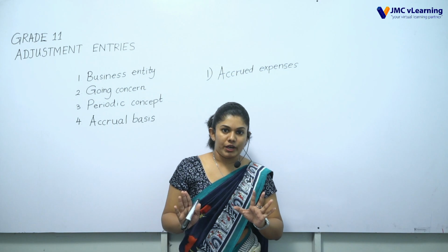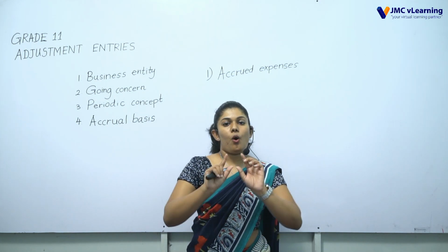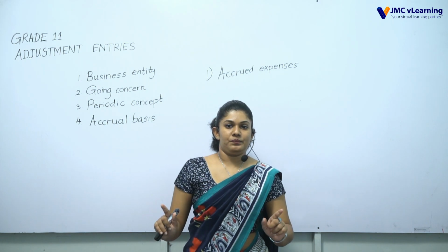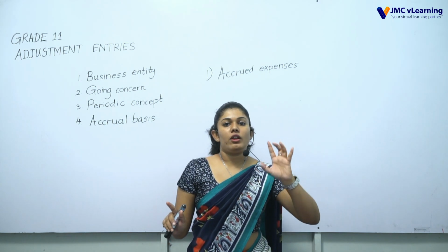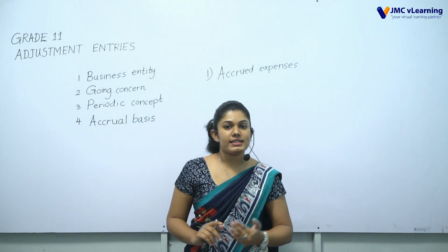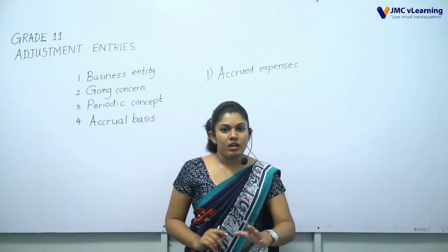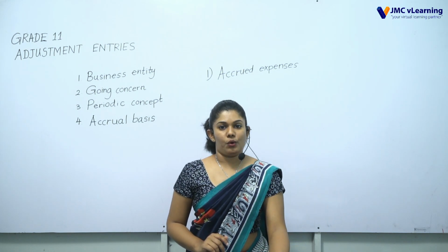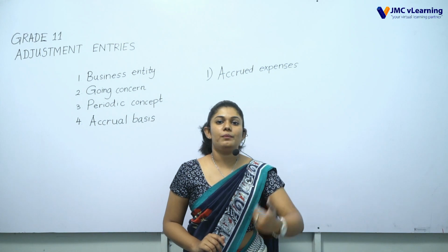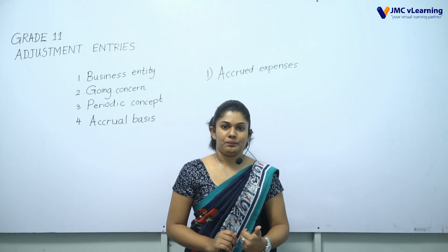We have enjoyed the electricity service for all 12 months, but we have only paid for 7 months. How many months left? 5 months. But for those 5 months also, we have already consumed the service. We are liable to pay it.